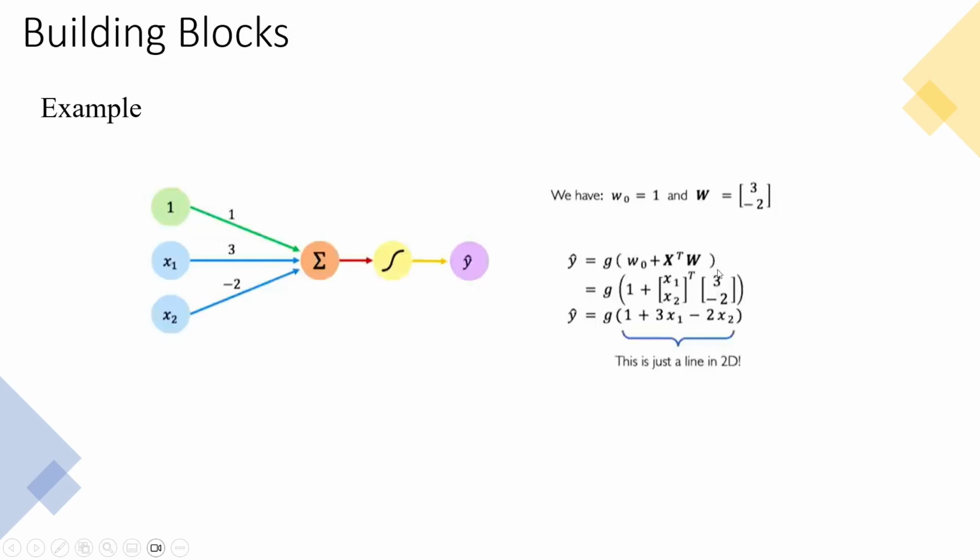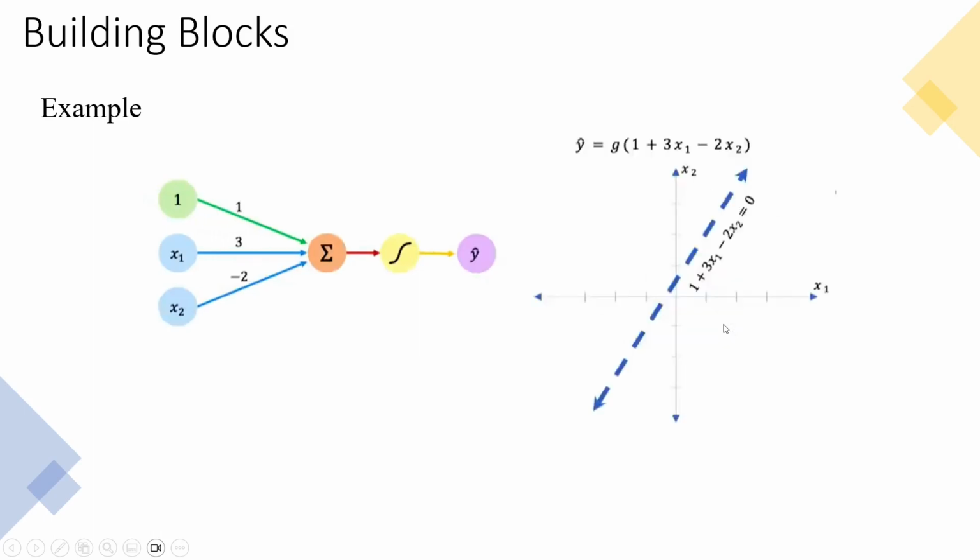So our equation that's going to fire the outputs becomes something like this: 1 plus x1, x2, which is a column-wise matrix as well, transposed, since we're going to multiply these two matrices, and that's the weight. In the end, we come up with something like this. And that's basically just a line, okay? This is basically how we show this.